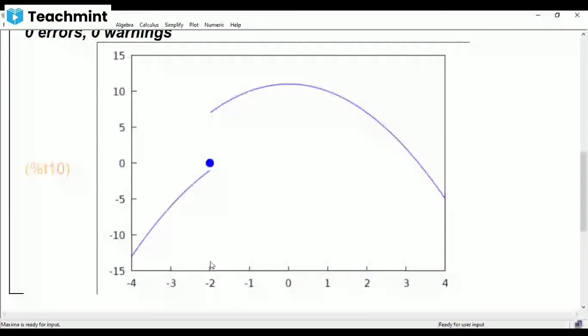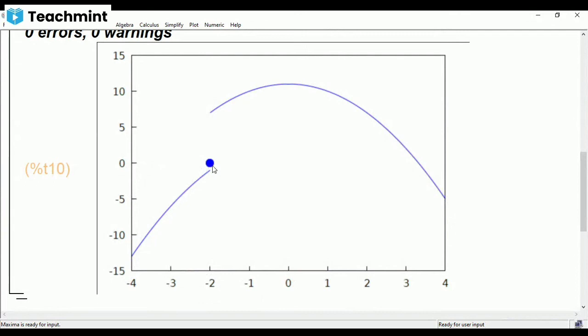See, this is -4 to -2, the left hand limit, the left hand graph. This is the function on the right hand side, -2 to 4, and this is the point. See, -2 to -2, 0, 0. Y-axis value is 0, x-axis value is -2.